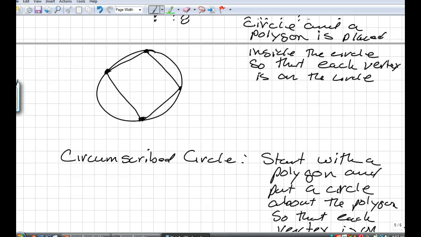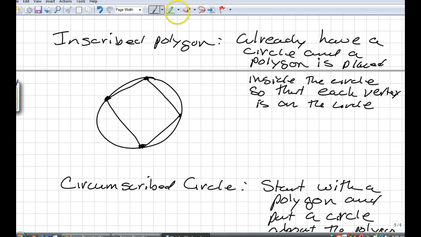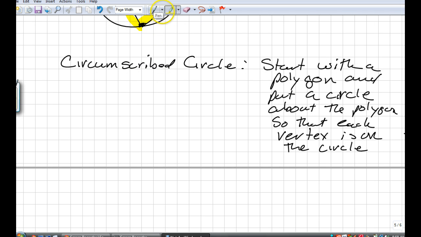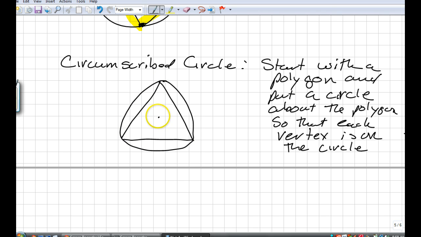Okay, so let me go back up here. The inscribed polygon is that you started with the circle and then you put the polygon inside. In a circumscribed circle, you have the polygon, say we have a triangle, and then you construct the circle around the polygon so that each vertex is tangent or touches the circle. Okay.